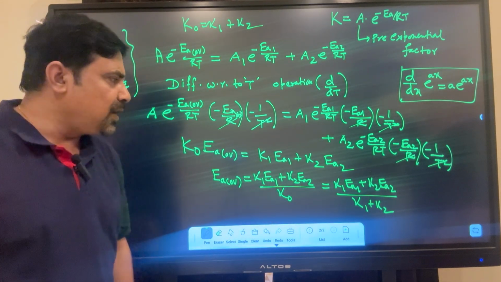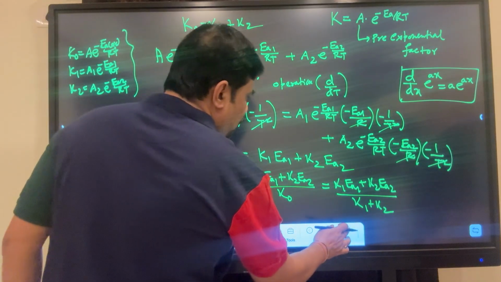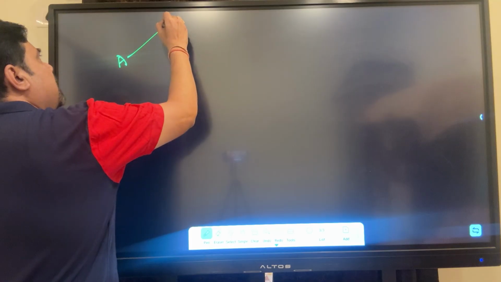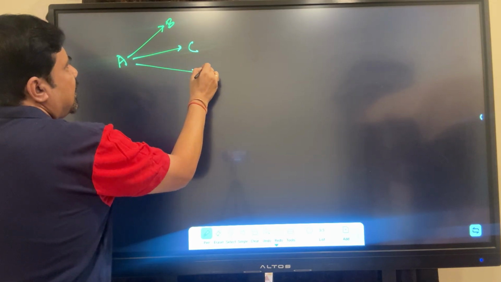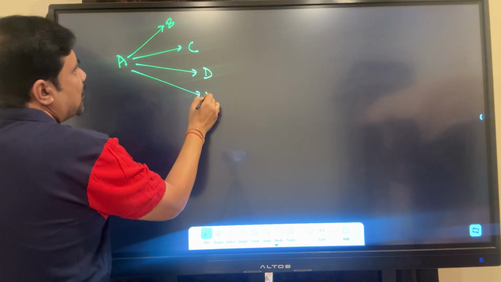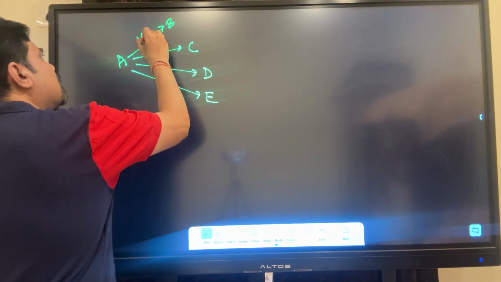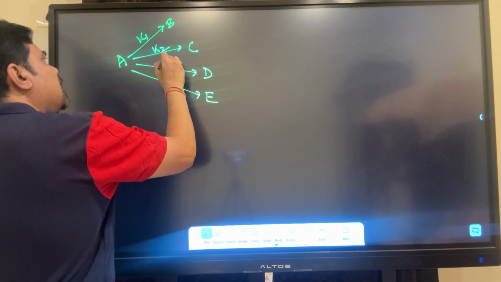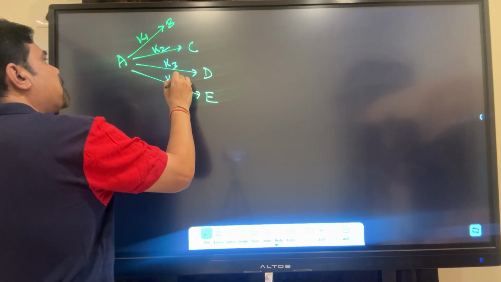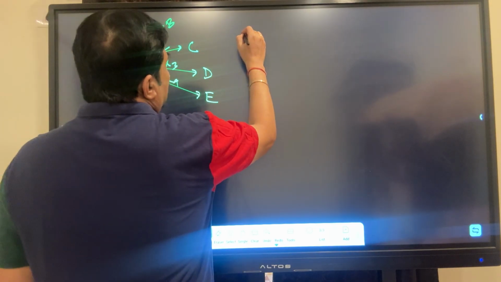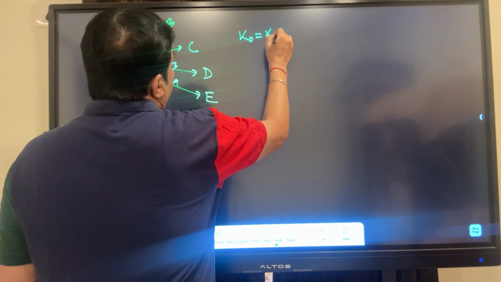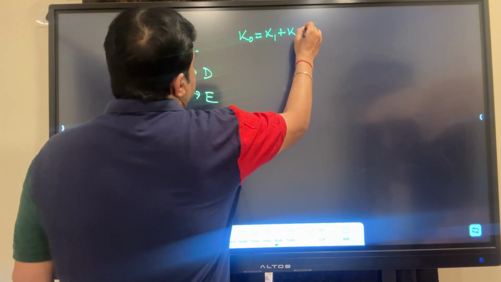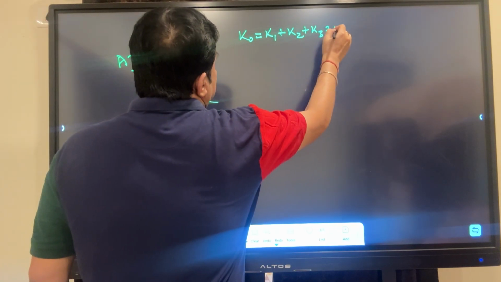Is it clear? So like that, suppose they give a parallel reaction like this: A is converting to B, A is converting to C, A is converting to D, A is converting to E. Here the rate constants are all first order, K1 plus K2 plus K3 plus K4. So same logic, K overall will be equal to K1 plus K2 plus K3 plus K4.